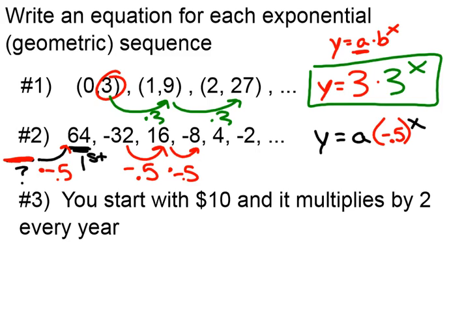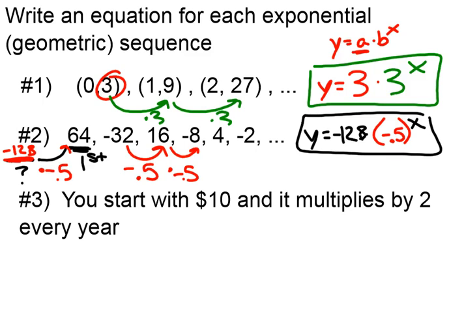That would be multiplying by 2, but multiplying by negative 2. So I think this number is going to be negative 128. So our a value is negative 128. So y equals negative 128 times negative a half to the x.